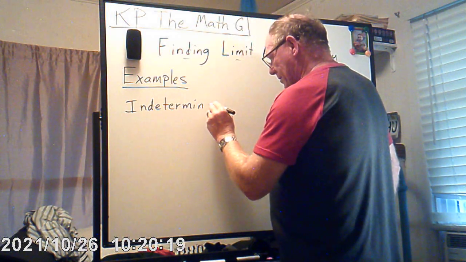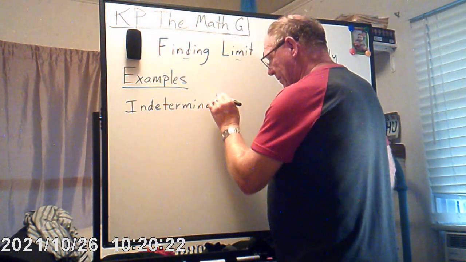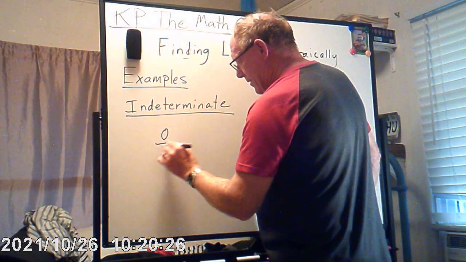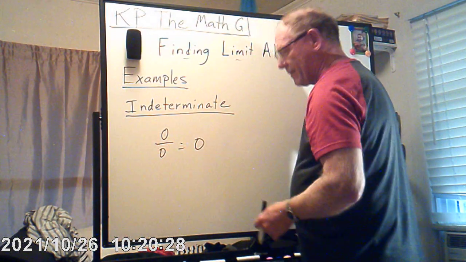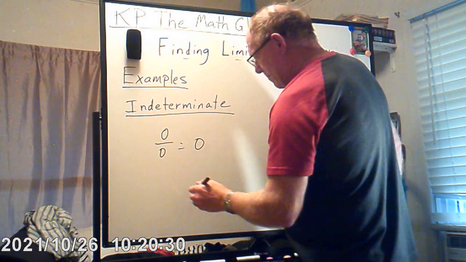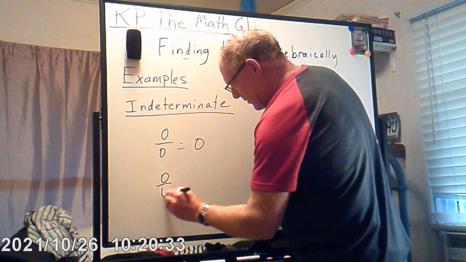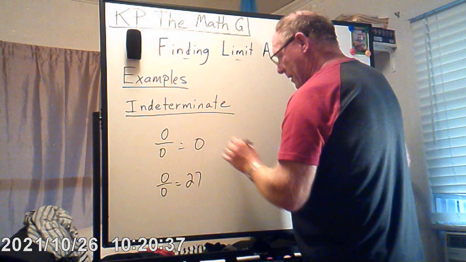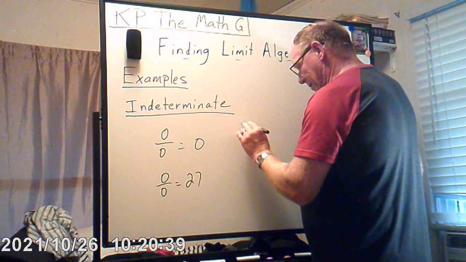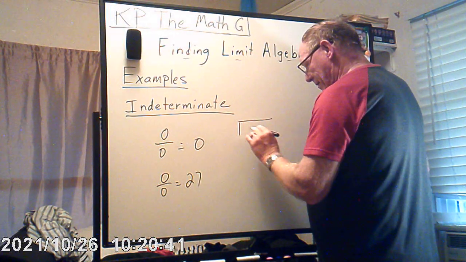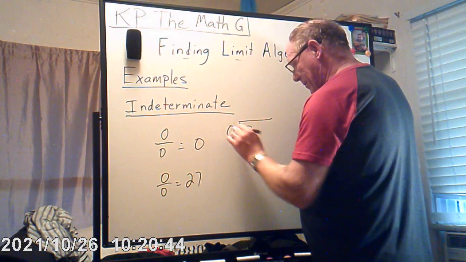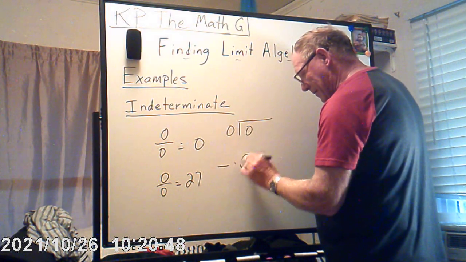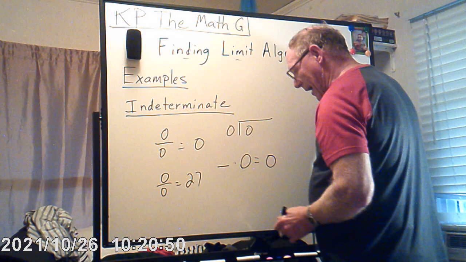I cannot spell very well. In other words, we can't determine what the answer is. 0 divided by 0. Somebody will say, well, that's 0. Well, I can say that 0 over 0 is 27, simply because it is the top number divided by the bottom number, and that just means I can multiply something by 0 and get 0 back.